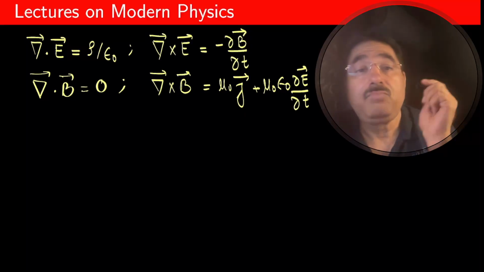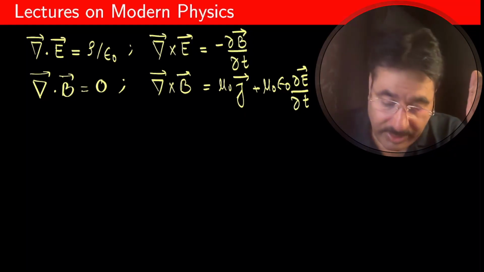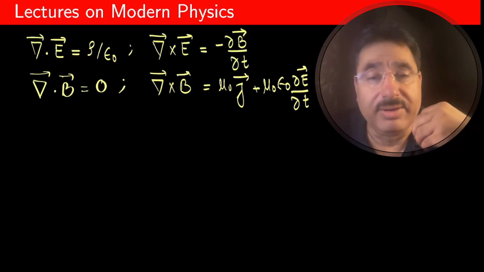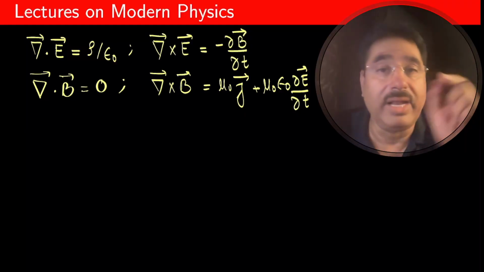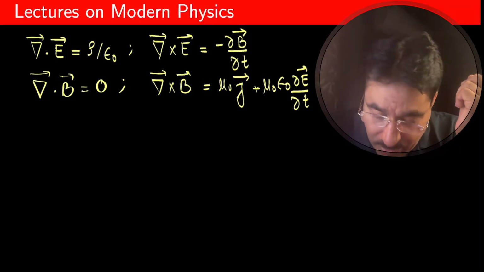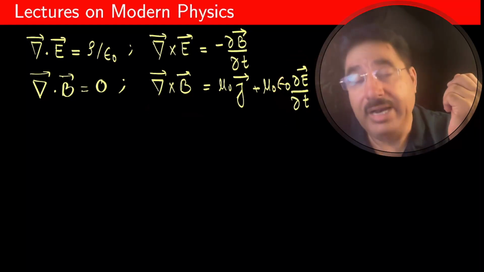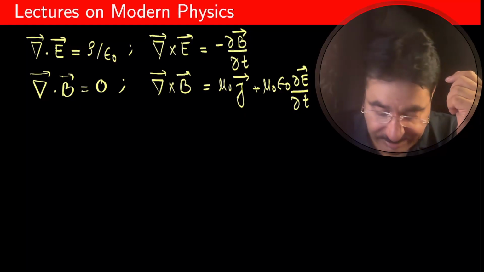So the magnetic field has two origins. One, it can be created by a current density; current passing through a wire can create a magnetic field which will loop around that current carrying element. And then the magnetic field can also be generated by a time varying electric field. So if the electric field varies in time, it generates a magnetic field.